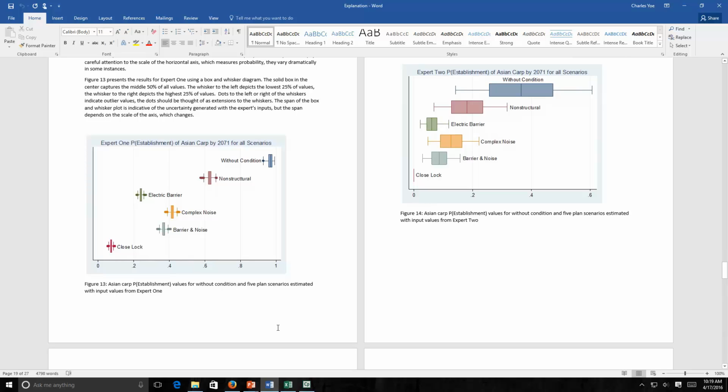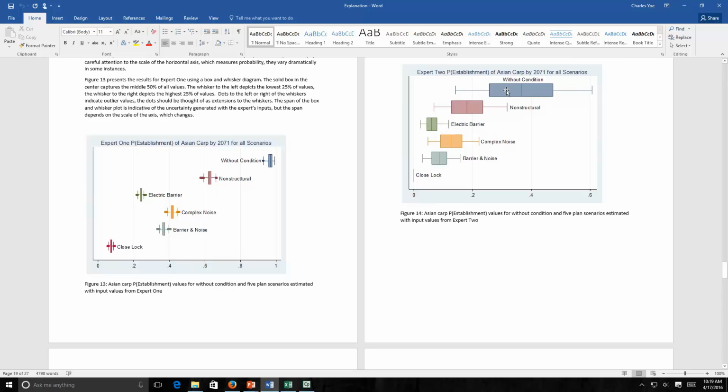What we do find when looking at this is you want to see what's the same about these experts, what's different. And one thing that's different is the amount of uncertainty that they have, the values that were obtained with their various levels of input. But we find that there is a constancy in the effectiveness. They say the non-structural would be the least effective, followed by complex noise, barrier and noise, electric barrier, and then closing the lock would be most effective.